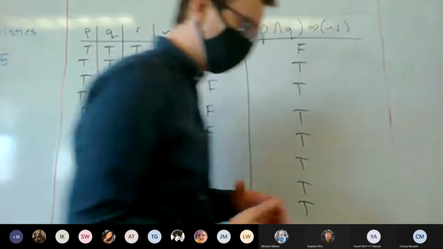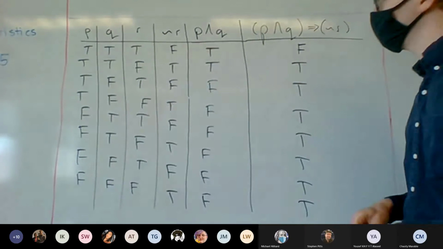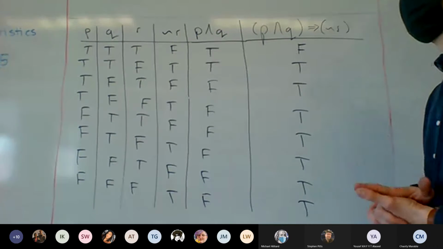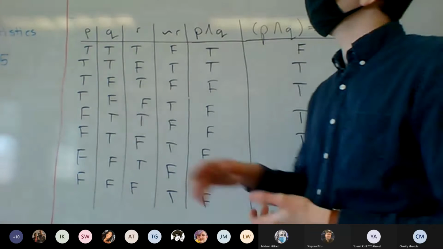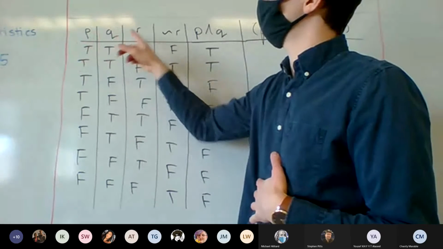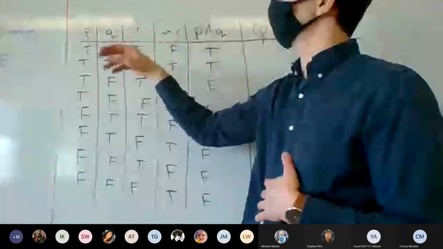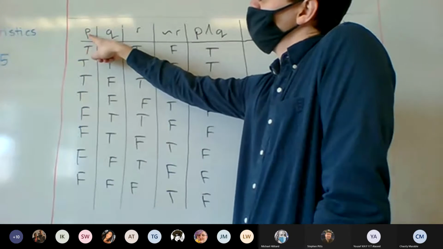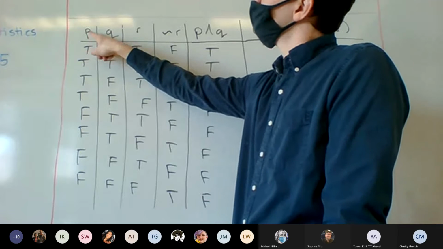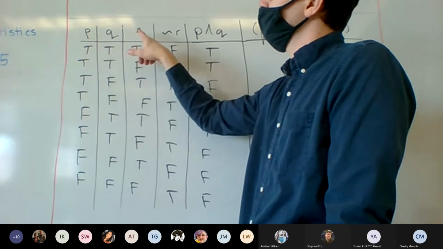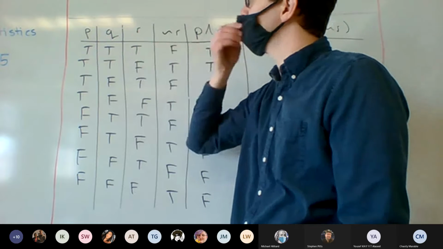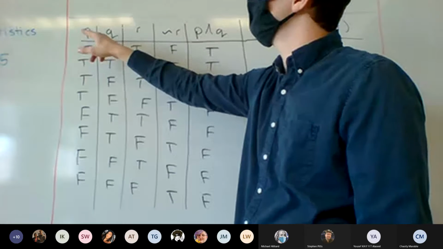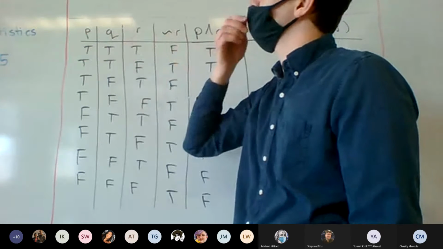So why are these so useful? Well, imagine if I assigned a little statement to each one of these letters, because that's what they represent. They represent simple statements. So as an exercise, you don't have to write this down, if P is, it is raining, Q is, it is sunny, and R is, it is windy.